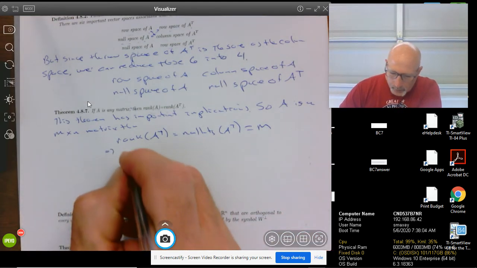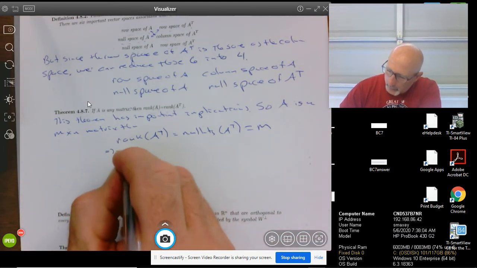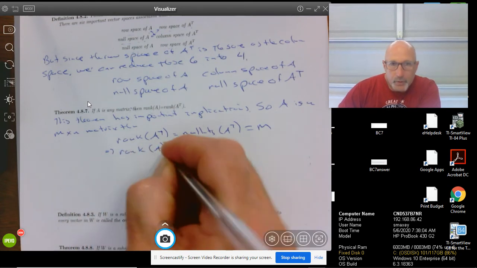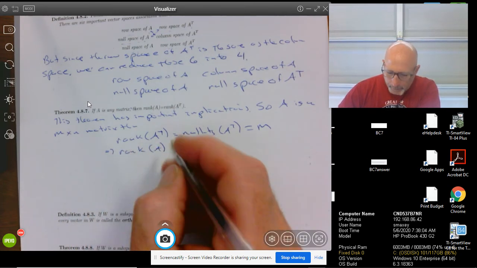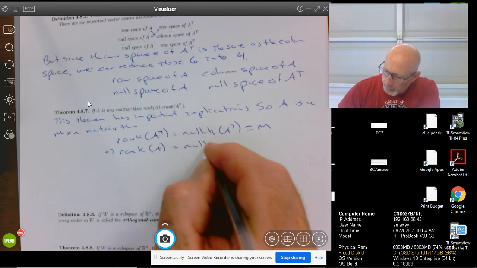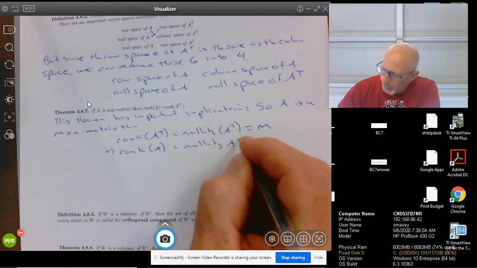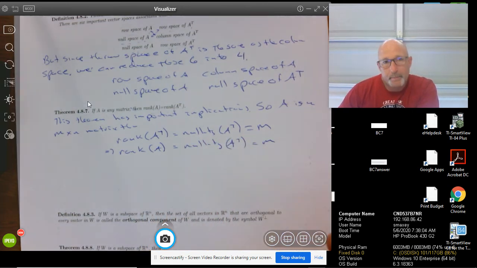Therefore, I know the rank of A, because the rank of A is the same thing as A transpose, is equal to the nullity of A transpose, which is equal to m.